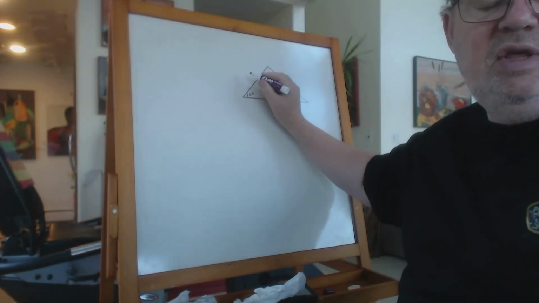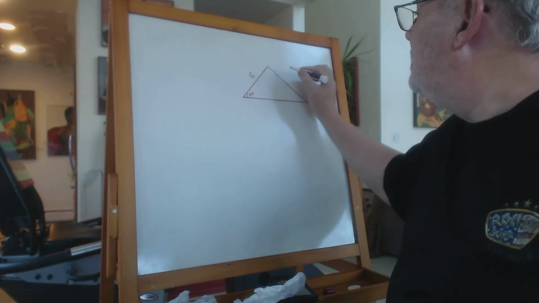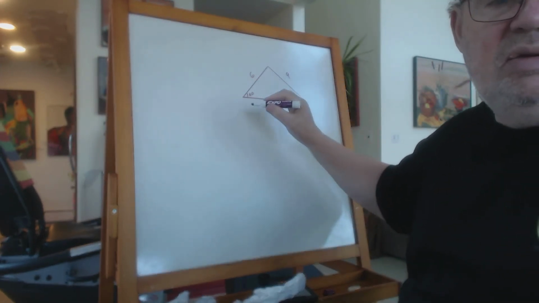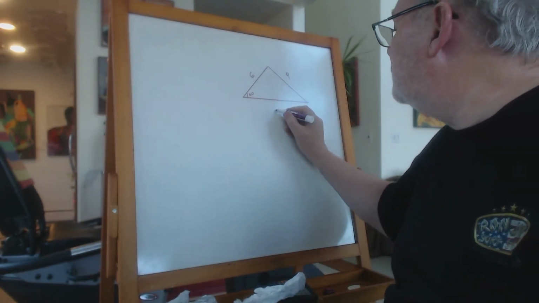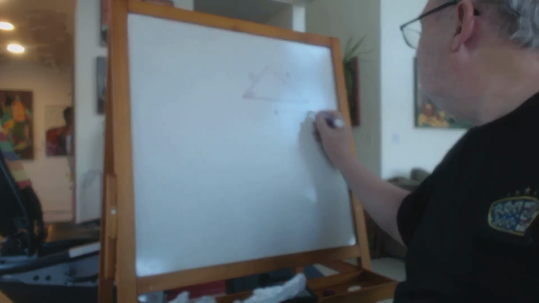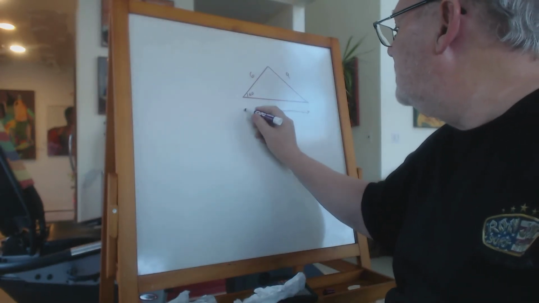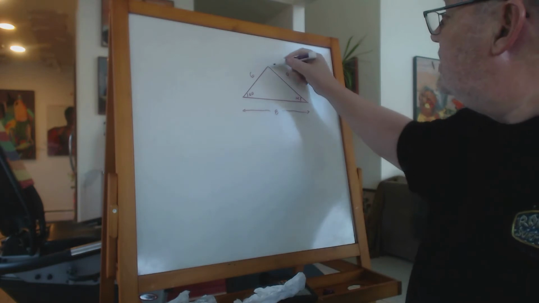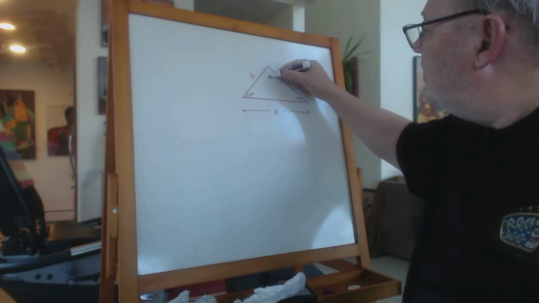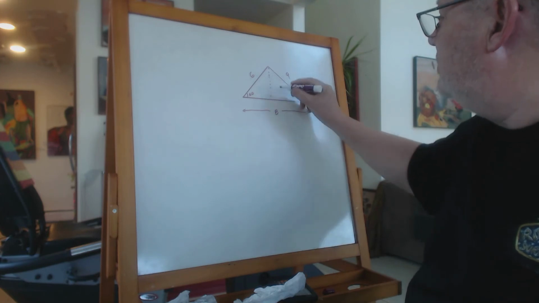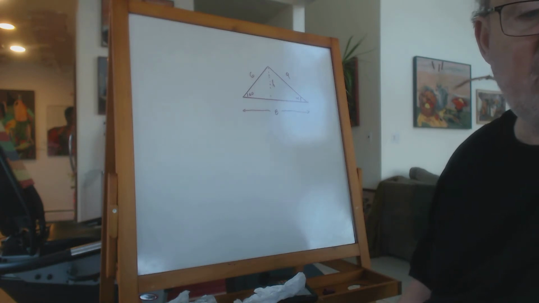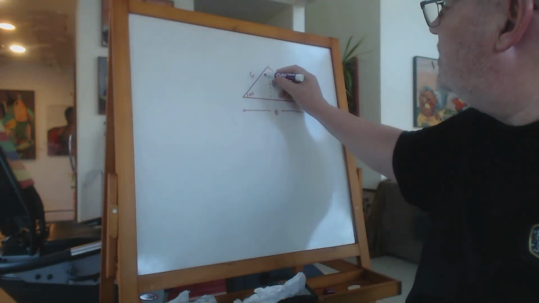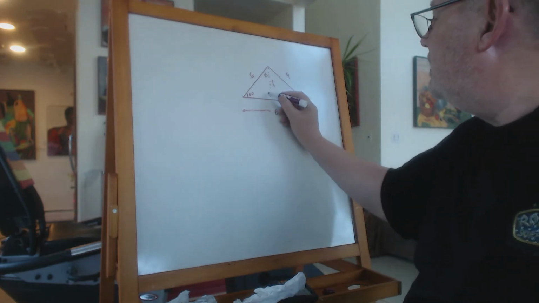We are given that this side is 6. We have A. We have the base, which is given to be 8. And we have an angle alpha. We have the vertical, we'll call H this time. And we have phi, and that's a 90-degree angle.